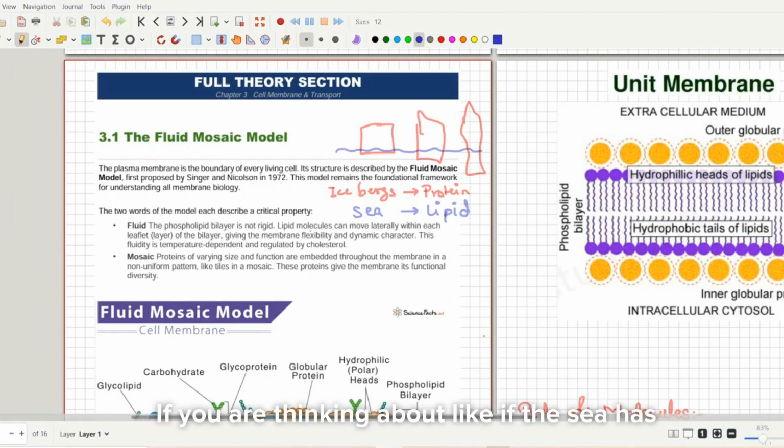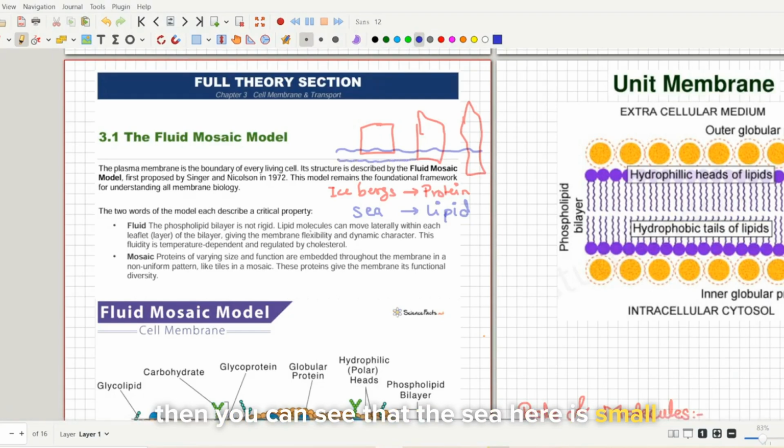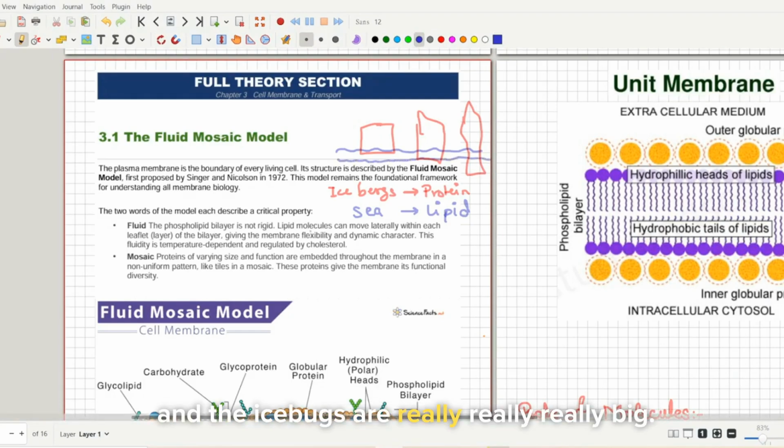If you are thinking that the sea has more area and icebergs have smaller area, but if you see the diagram that I have drawn in front of you, that diagram is telling you that the sea is less. If you can see the diagram, you can see that the sea here is small and the icebergs are really big.